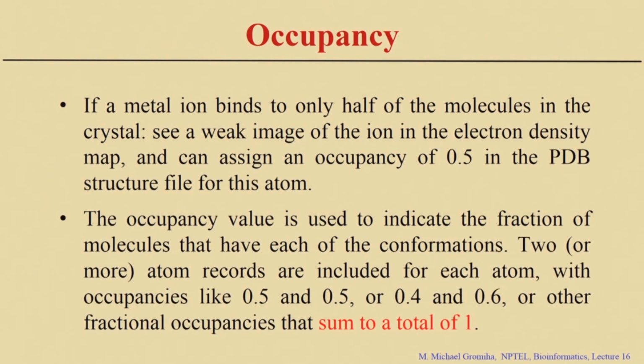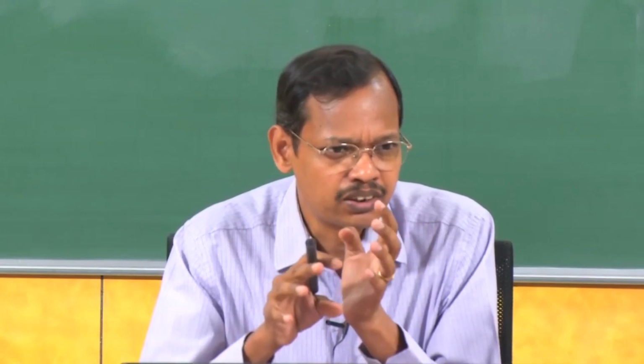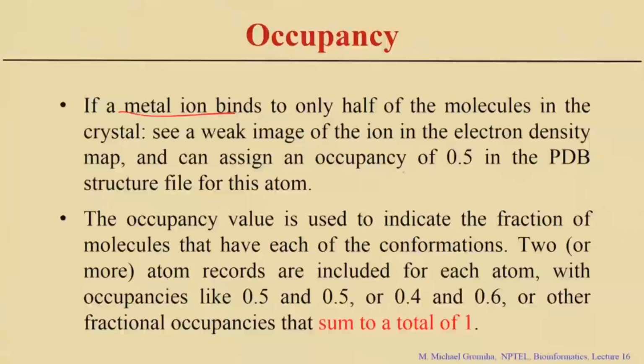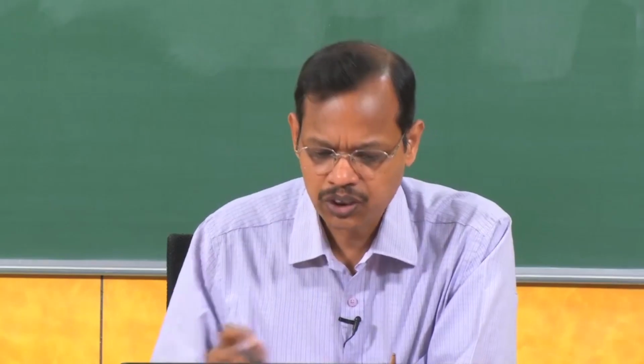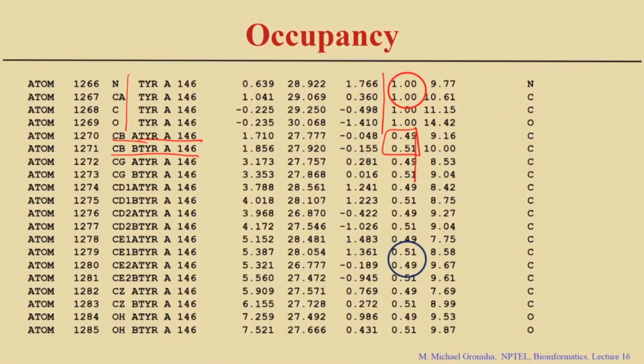For example, if your metal ion binds only one half of the molecules, you can see the electron density map, and based on that they assign the occupancy. If it is the same orientation, then they put 0.5 in both cases. What is the meaning of this occupancy? This will tell you the fraction of the molecules in different conformations. For example, here I showed two different values, 0.49 and 0.51.